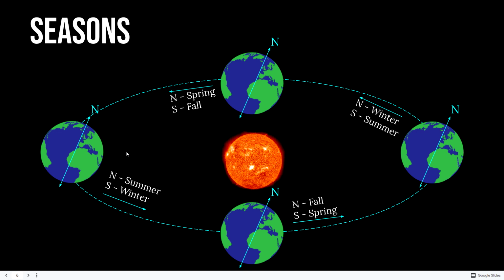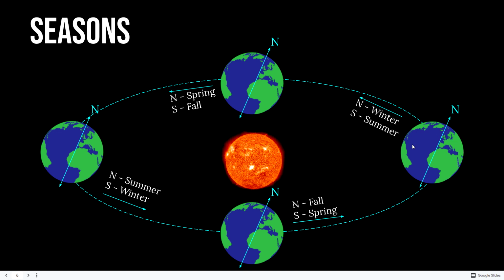If you look to the right and left, on the left, the northern hemisphere is directly aimed towards the sun. The southern hemisphere is more aimed away. And then on the right, you have the opposite. The northern hemisphere is aimed further, and the southern hemisphere is aimed towards it.